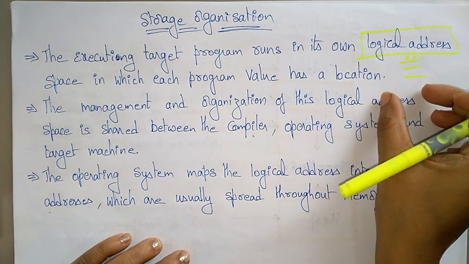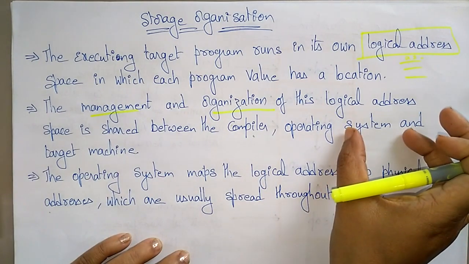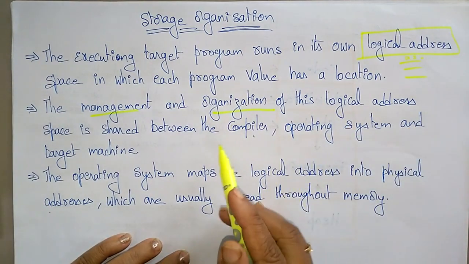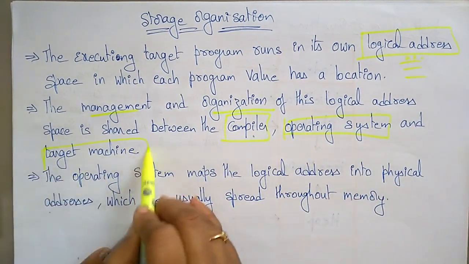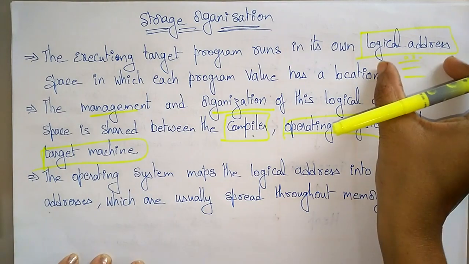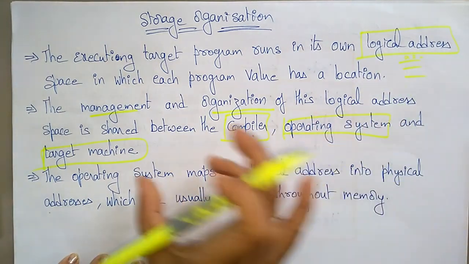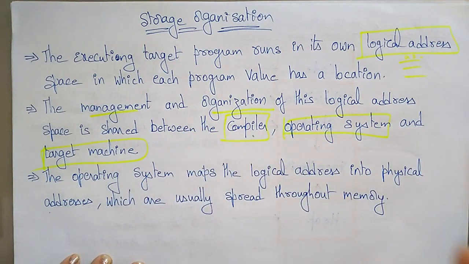The management and organization of this logical address space is shared between the compiler, the operating system and the target machine. That means the logical address space is managed by all these three components, which are software.